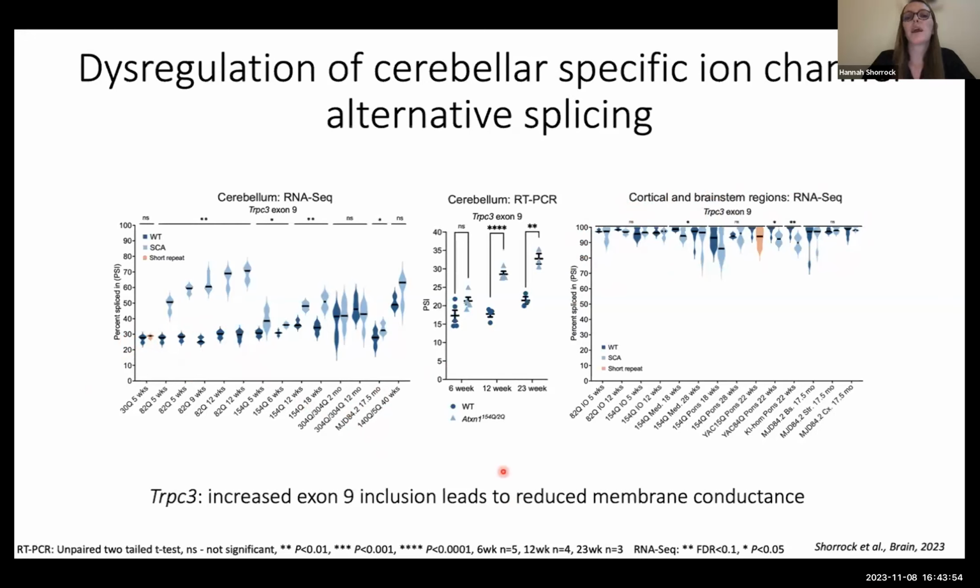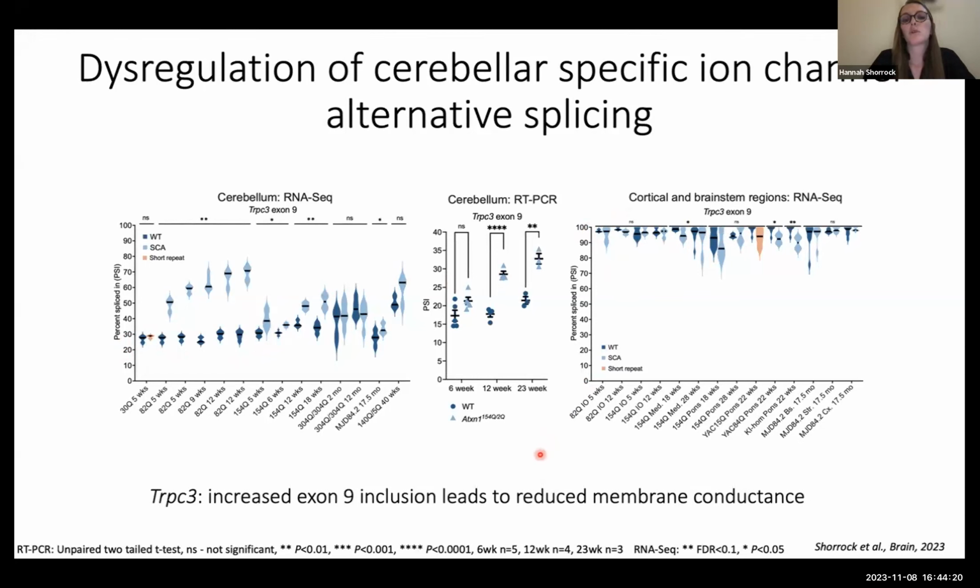And so what we're looking at here is a cerebellar-specific alternative splicing event. And what you can see in the CAG scar mice in the cerebellum is that we're actually seeing a shift of this exon 9 being included more. And this is moving the splicing profile of TRPC3 away from what we would normally see in the cerebellum to what we would normally see in other brain regions.